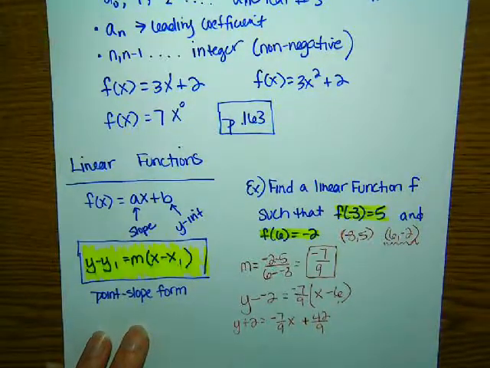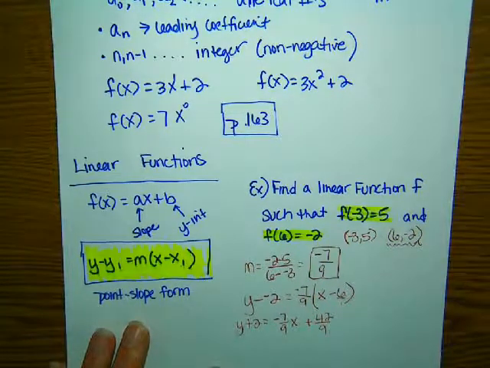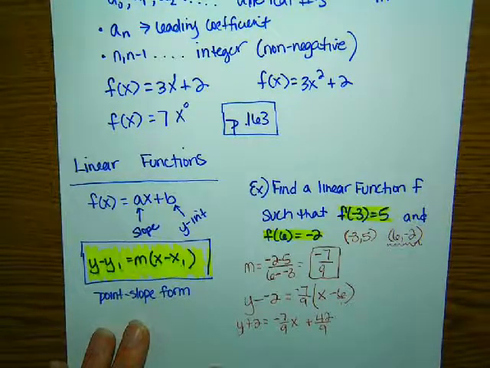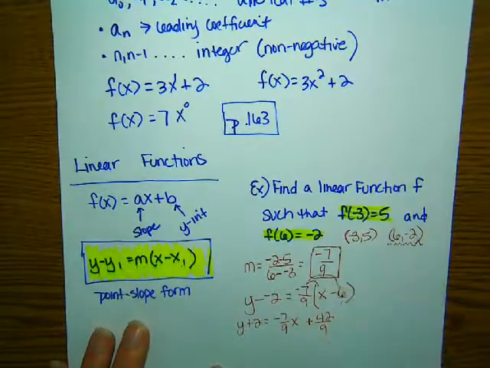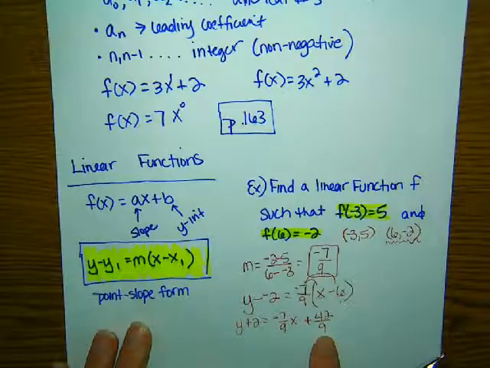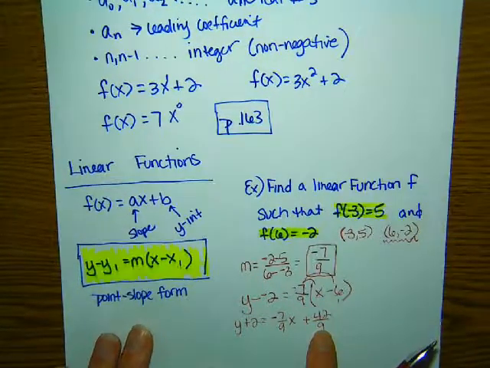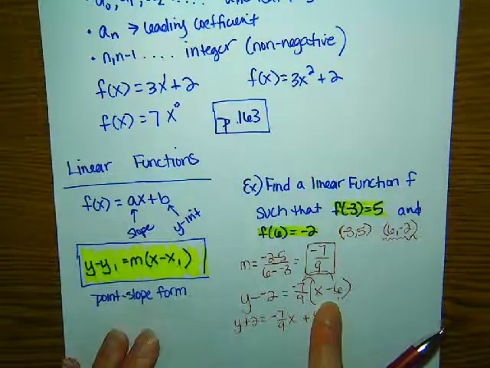Can we reduce 42/9 if we wanted to? Sure, you want to call it 4 2/3? That's fine, or you can leave it as an improper fraction.